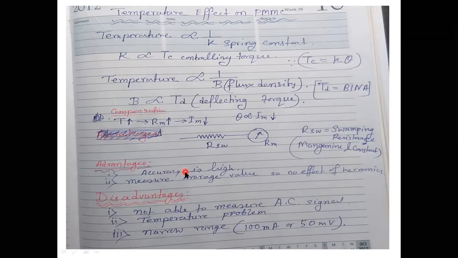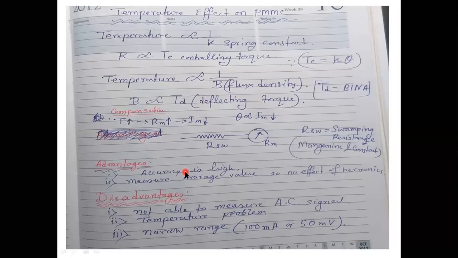The PMMC meter can deal with DC and its accuracy level is high, but therefore we prefer the MI type instrument rather than the PMMC type instrument. This is the disadvantage because the cost is high.